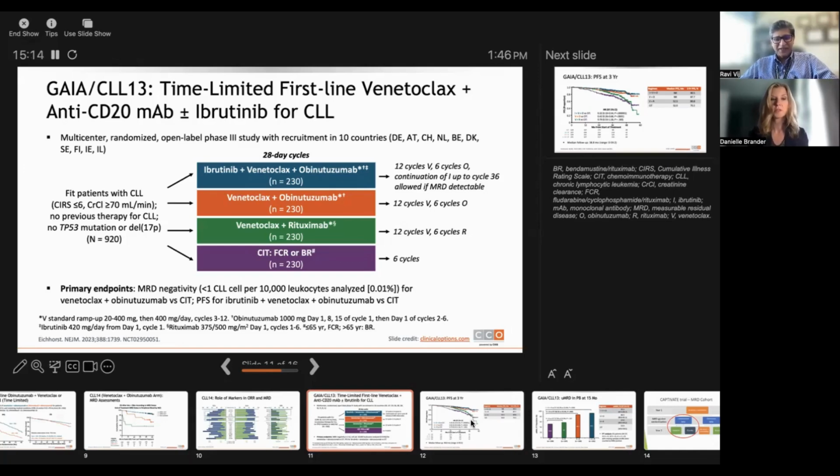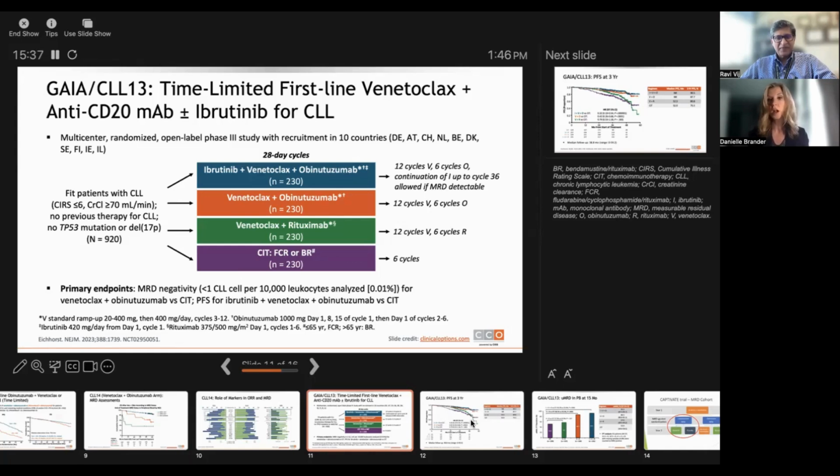Of course. So this is a German study group, 4-arm randomized study comparing various combinations, as you mentioned, of ibrutinib or venetoclax regimens versus chemoimmunotherapy. So patients in the chemoimmunotherapy arm either got the FCR or BR that we talked about.